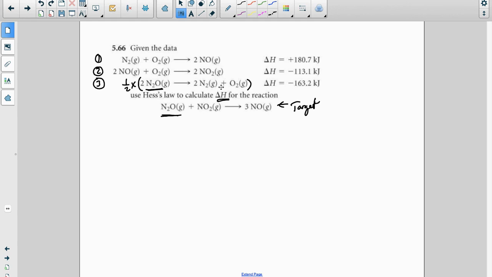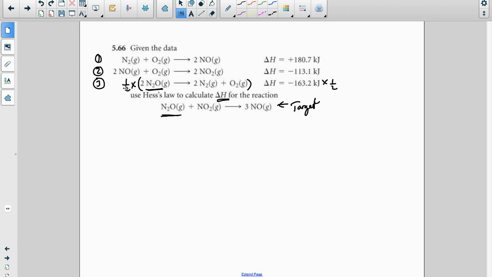And so if I multiply this by 1/2, I need to multiply my delta H by 1/2. So let me write that out below here. I'm going to write out my steps and then add them up at the end to make sure that I get this target equation.